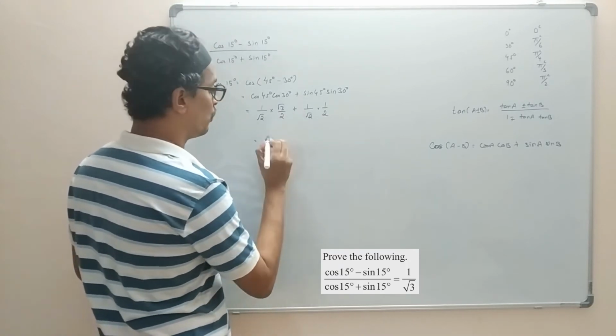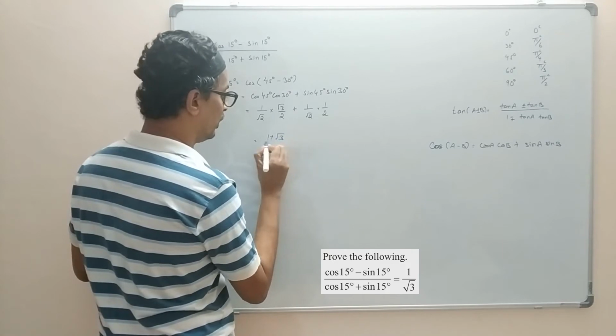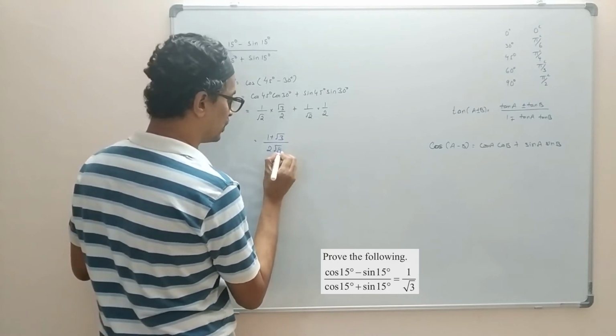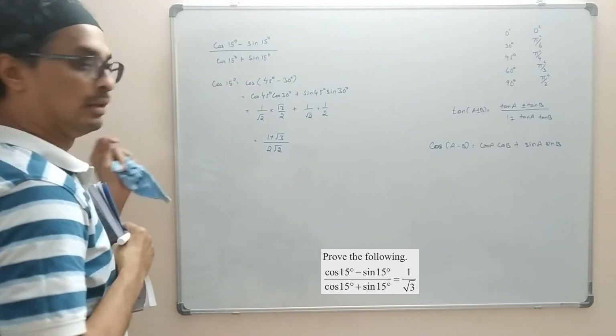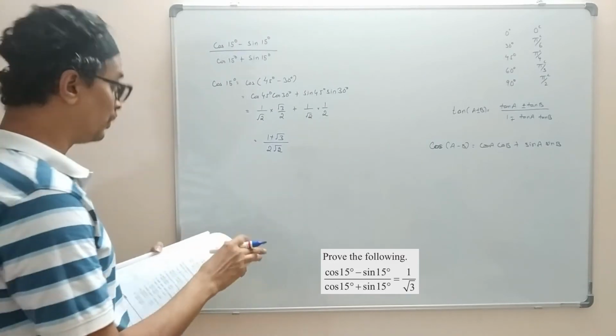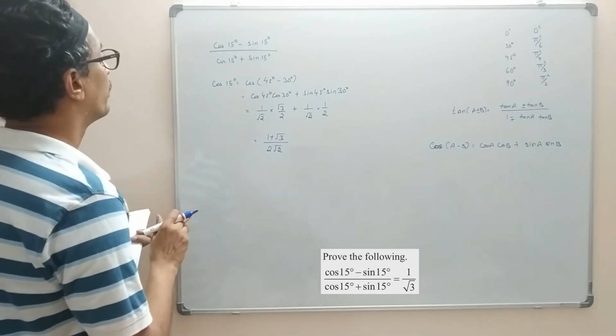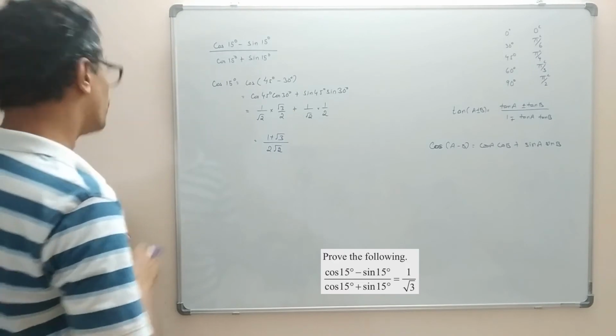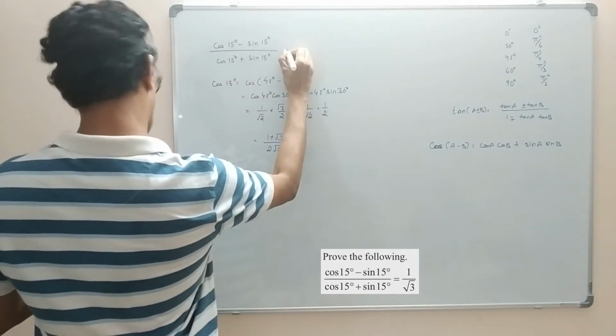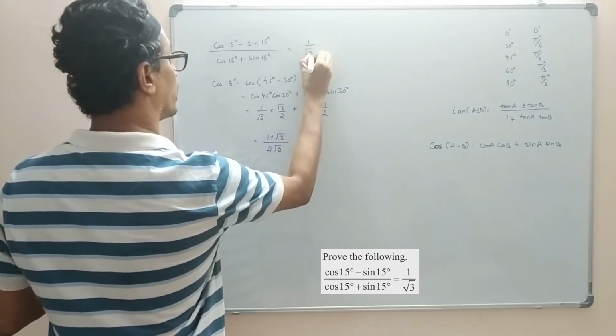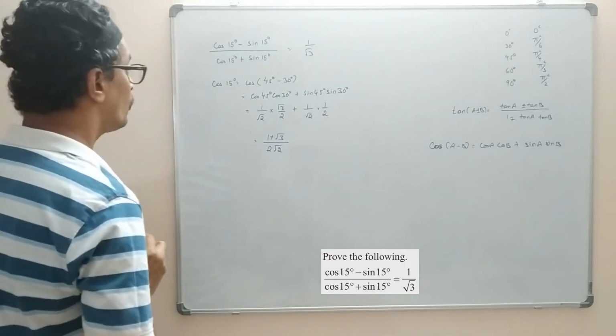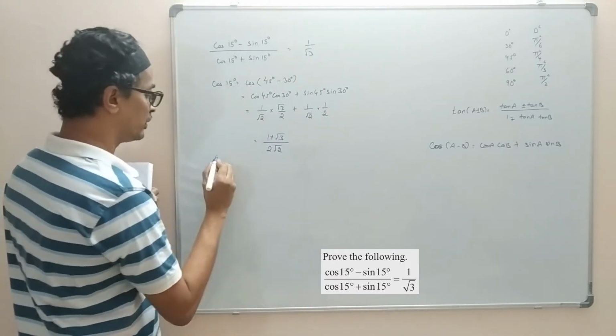So it's going to be 1 plus root of 3 divided by 2 root of 2. Is that correct? And what we have to prove is that this is equal to 1 by root of 2. That's what you have to prove. Then we will find out sin 15 degree.